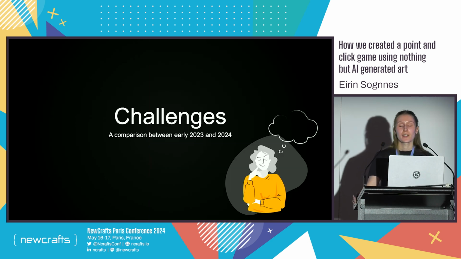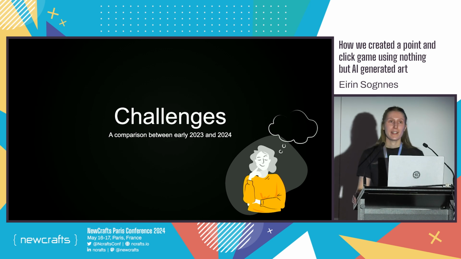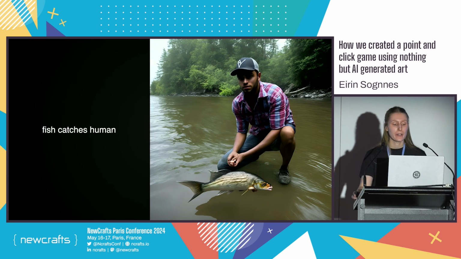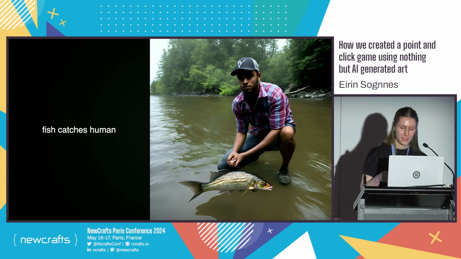Okay, so what challenges did we have when we tried to create this? So one of the things we saw is that it was really hard to create opposite concepts of what we have in the real world. So usually people fish for fish and not the other way around. And it was super hard to create a picture of a fish fishing for a human.